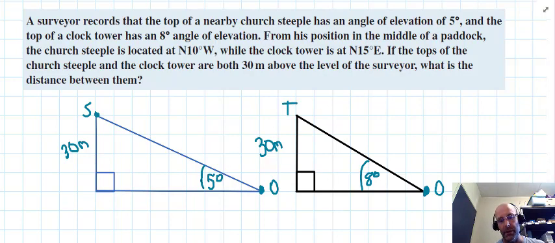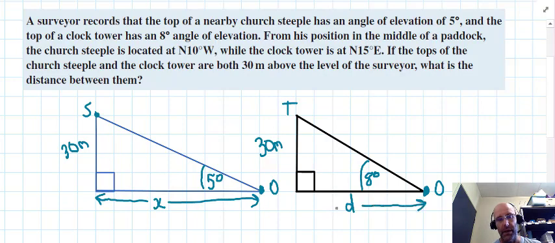Now I'm interested in the horizontal distance. We've got the distance along horizontally from the surveyor till we get in line with the church steeple. I'm going to call that X. And I'm going to call D the distance from the surveyor horizontally till we get in line with the point T, which was the tower of the clock.